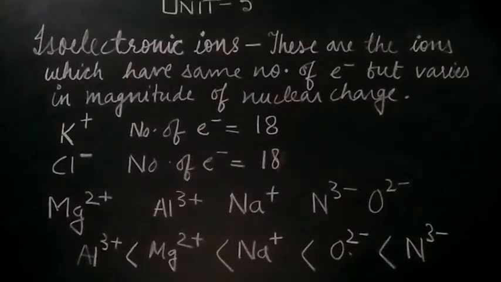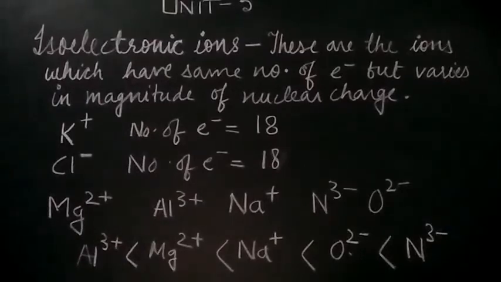So here in this case we have the aluminum ion which has the highest nuclear charge, that is 13 units, and the nitride ion has the smallest nuclear charge, that is 7 units.